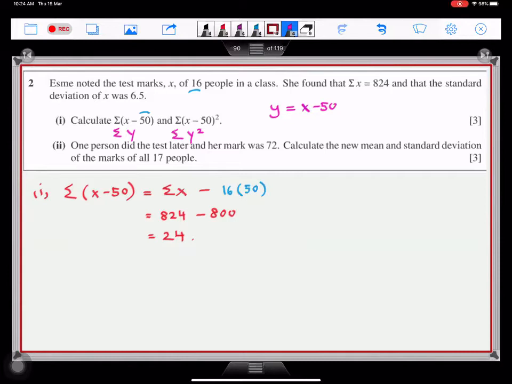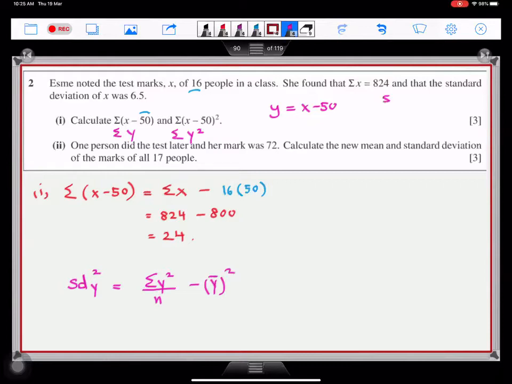Therefore, I need to use the same formula, sigma y square. I can either use a formula that you remember, or we all know how to do algebraic manipulation. So we can say standard deviation of y squared is sigma y square over n minus y bar square, and there is no need of an under root because I have put a square on the other side.